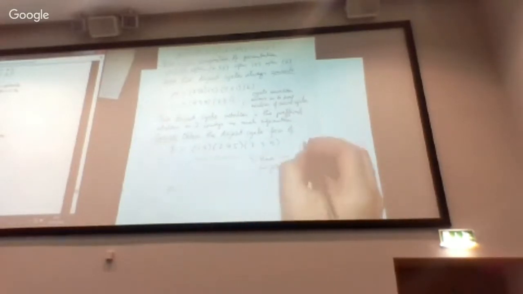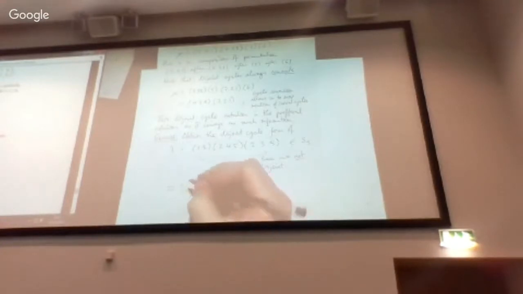We'll accept this lambda as an element of S5. So it's fairly easy to just do that job of drawing in the different colored cycles, but do it completely within the cycle notation.